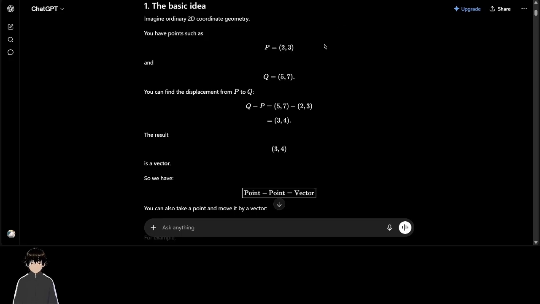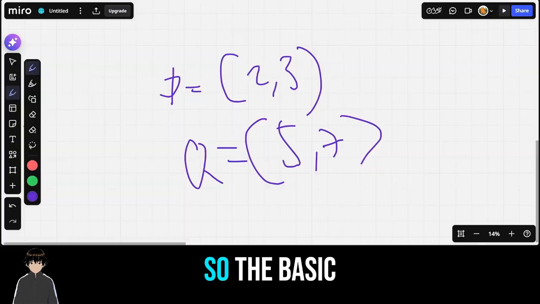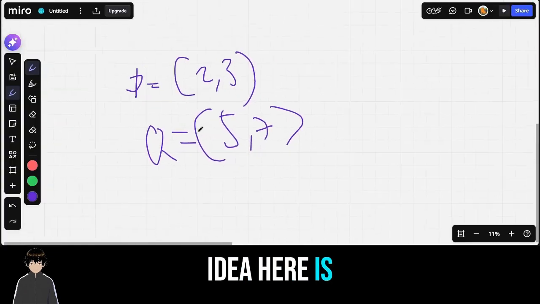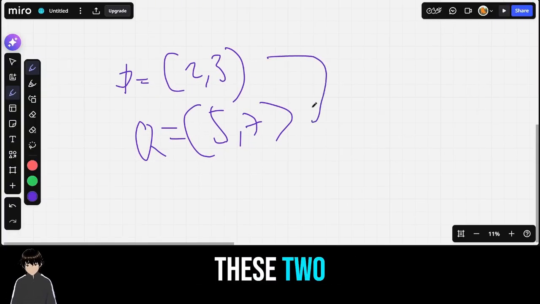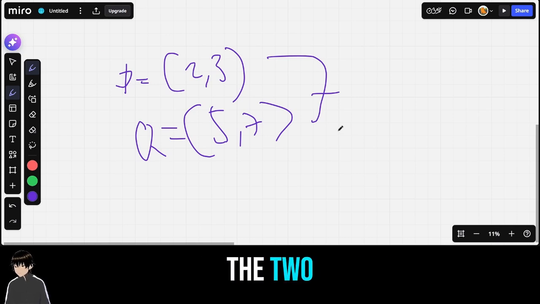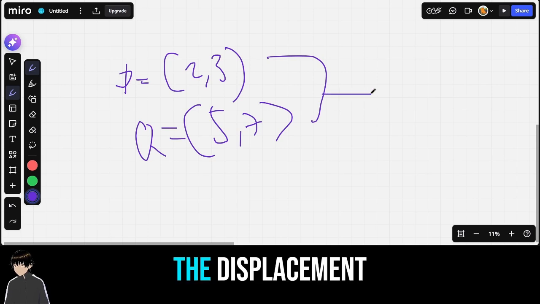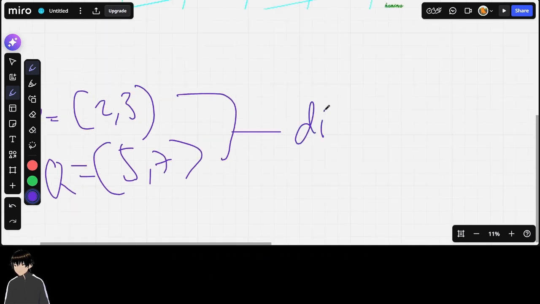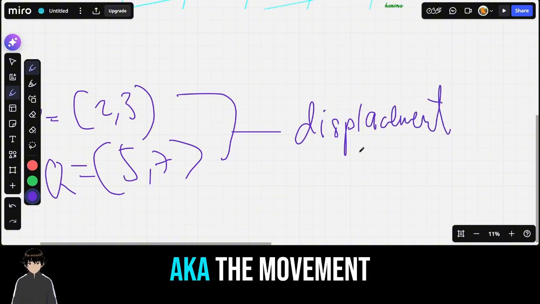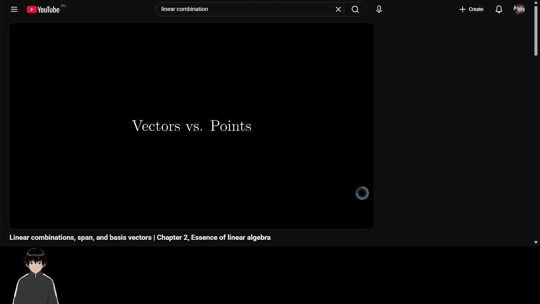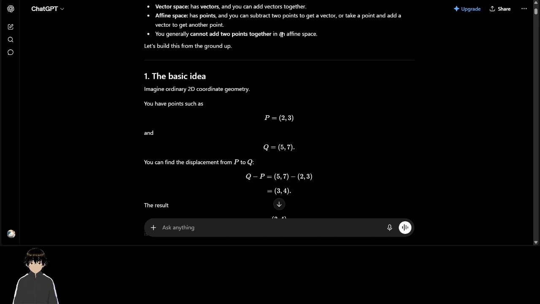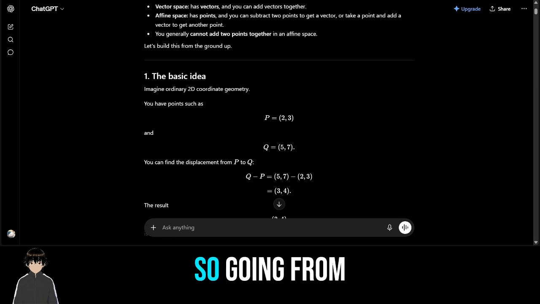The basic idea is if you subtract these two, you find the difference between the two, and you will get the displacement, AKA the movement of the vector, going from P to Q.